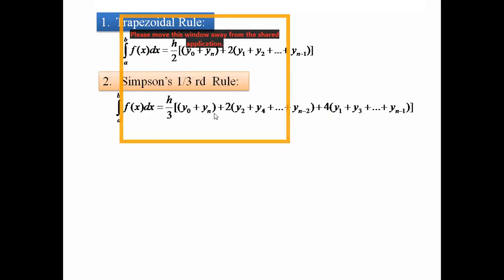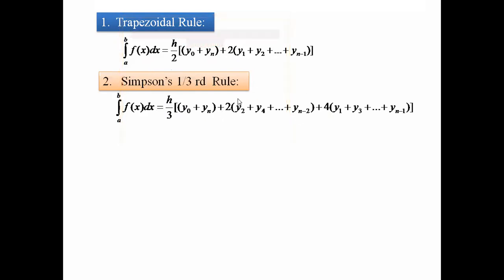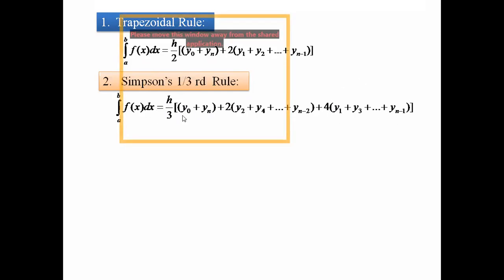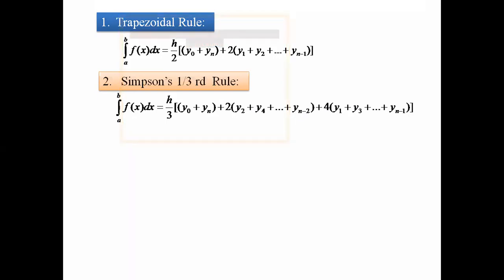The first term we have to write is the sum of the first and last terms, that is y0 plus yn, plus 2 times all even suffix values and 4 times all odd suffix values. After that, 2 times y2 plus y4 plus etc. plus yn minus 2, all even suffix values. Plus 4 times all remaining, meaning odd suffixes y1, y3, y5, y7, etc., yn minus 1, and add it. This gives the value of this integral. So it is a very simple formula. Using that you can get the answer.